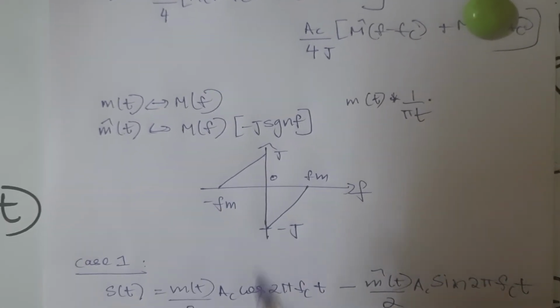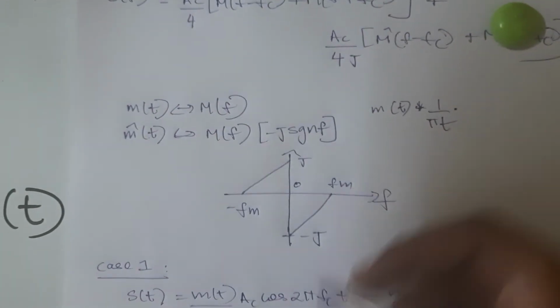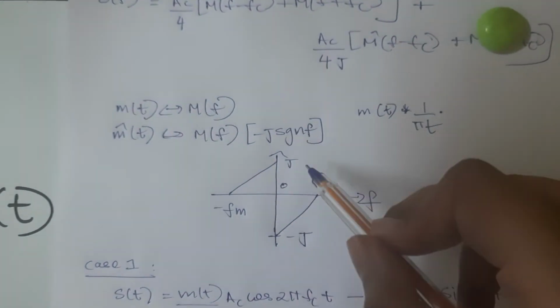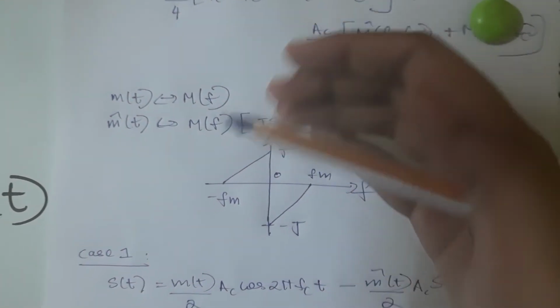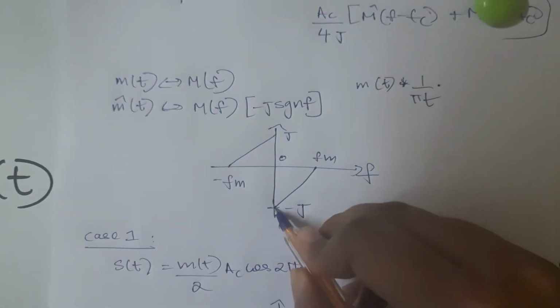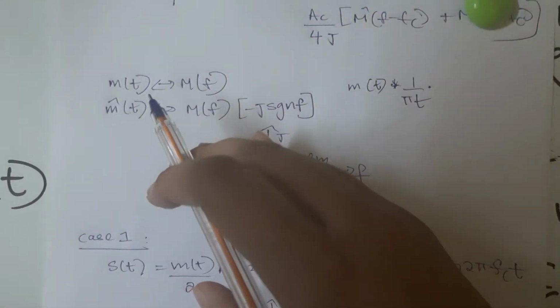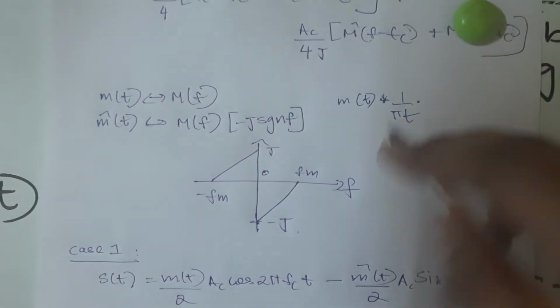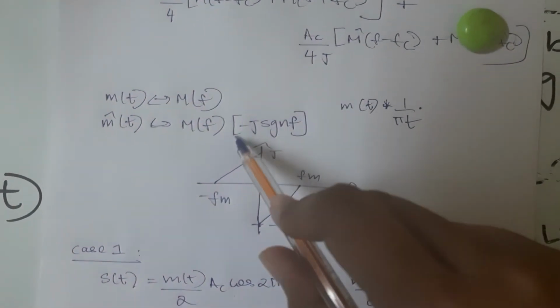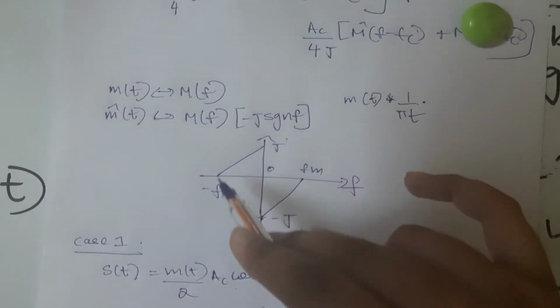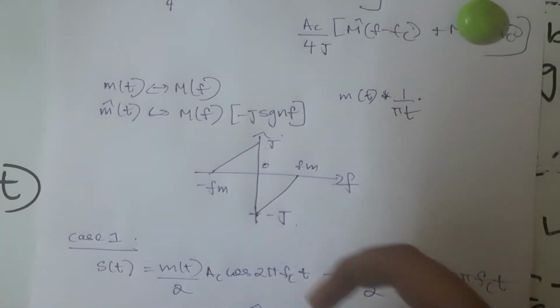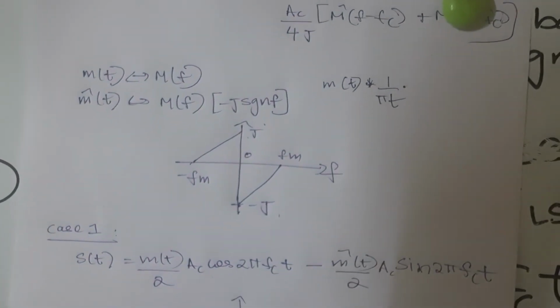So when I do that, on the positive side signum will be 1, into 1 multiplied with minus j, so they will get inverted with the amplitude of minus j. Same way on the negative side, signum of f means minus 1 into minus j, which is plus j. So my negative side spectrum will remain like this.